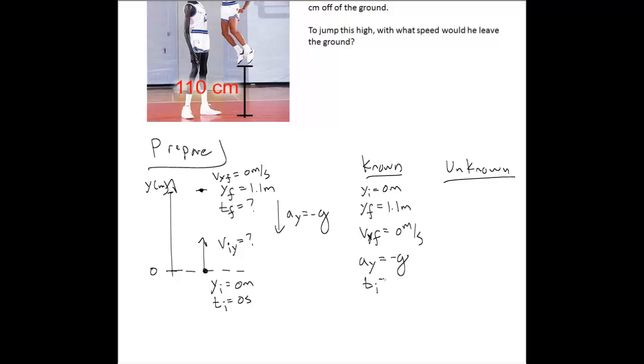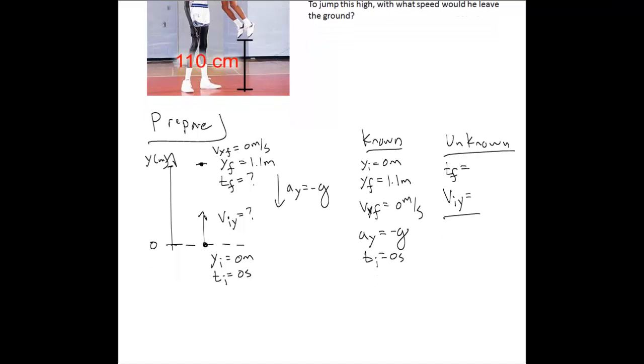And in fact, we know the initial time. What we don't know is the final time, and we don't know the initial y velocity. And what we're after, ultimately at the end of the day, is that initial y velocity. That's what we want to find.